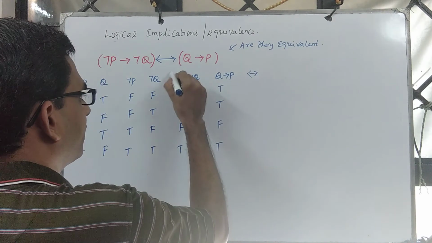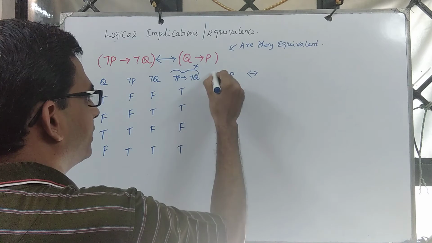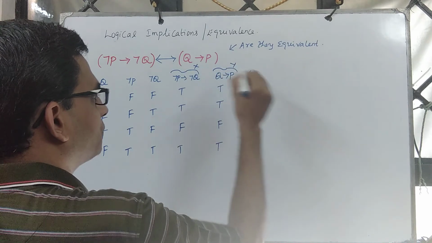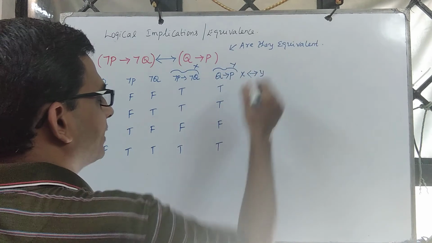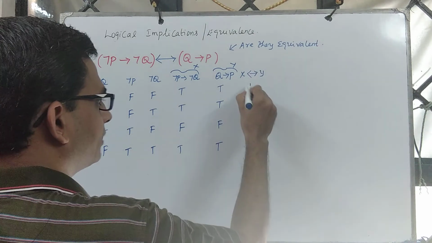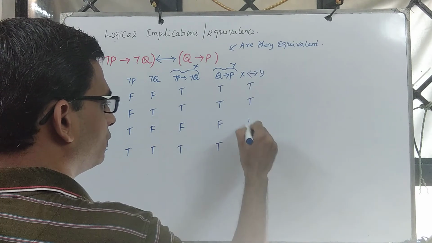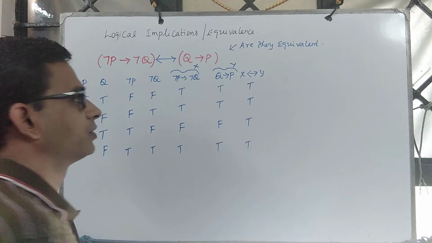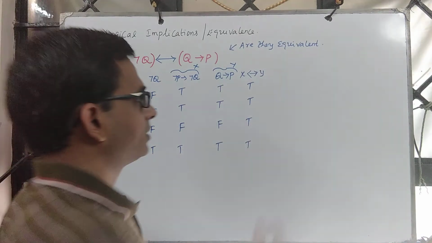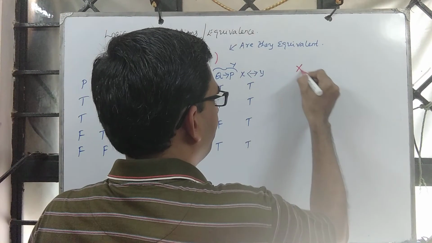If you look at the biconditional, this one is X, this one is Y. What is X biconditional Y? You see that this one is true, this one is true, this one is true, this one is true.